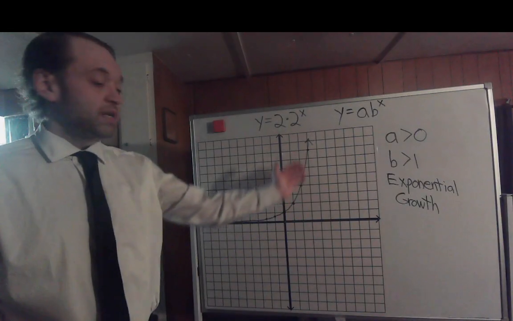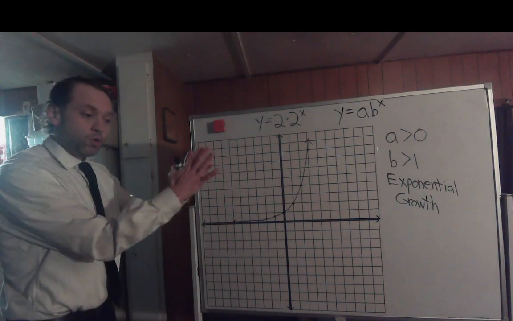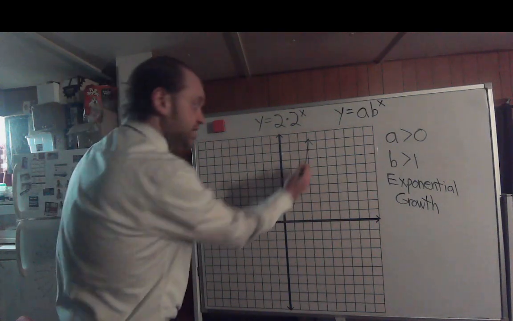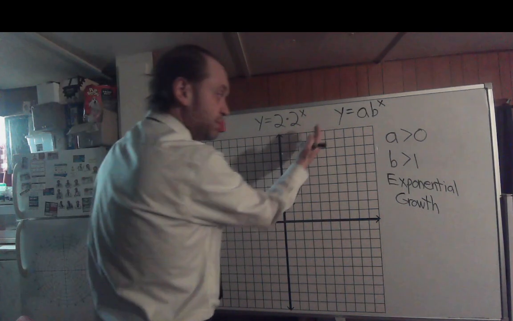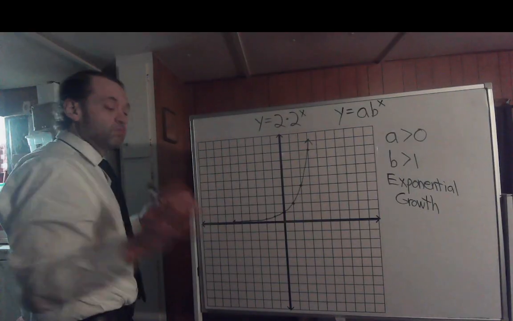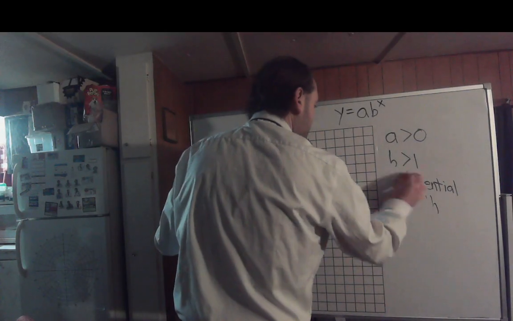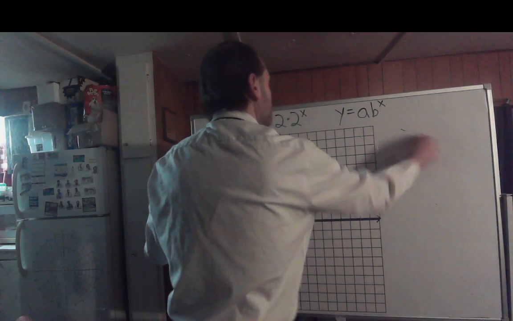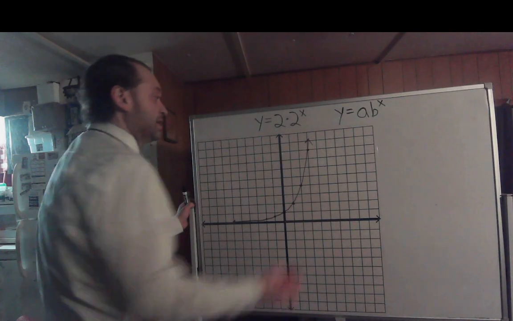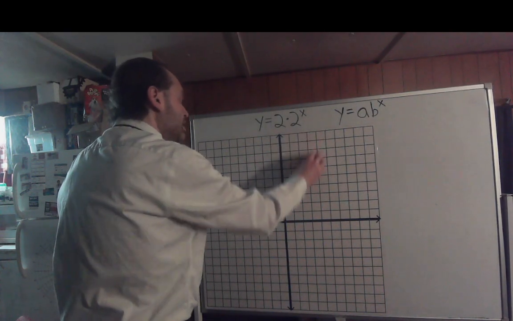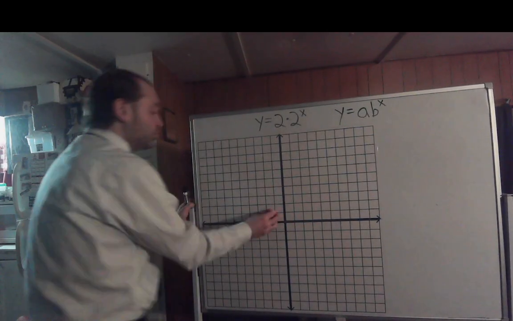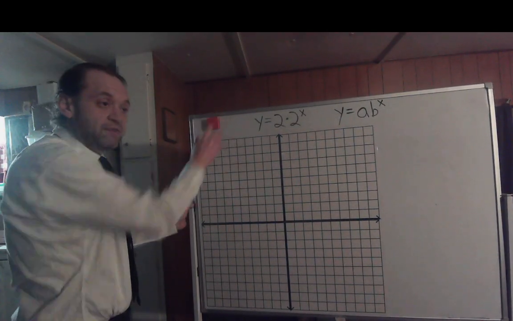This is exponential growth, because notice the more you keep increasing your value of x, it's growing exponentially, right? So that's what we're really going to be talking about today. Next lesson, we'll deal with negative exponents. We're not going to talk about that today, which the next lesson will be an exponential decay function.